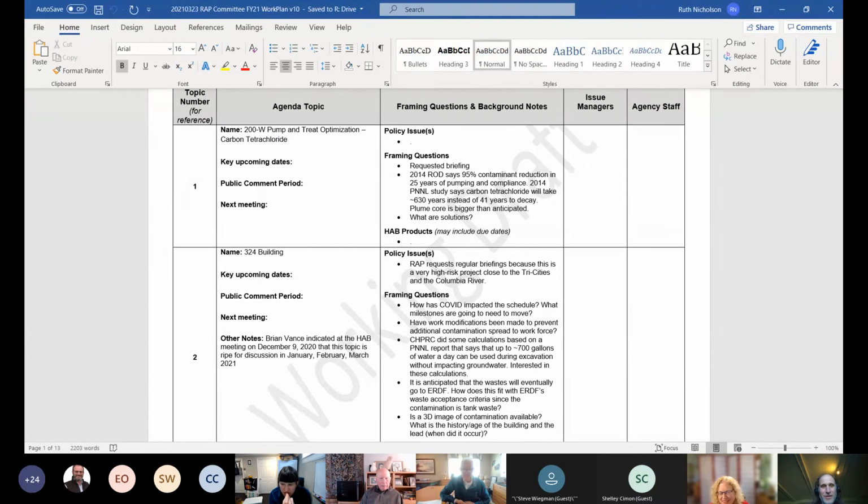So while we're talking about our agenda and our work plan for the next year, Gary, do you have an idea of when we might be getting the agency's draft agenda? I mean, traditionally we would bring that draft to this meeting so we could talk through it as a committee. We're sort of having to piecemeal it this year because of all the crazy transitions and pandemics and all that.